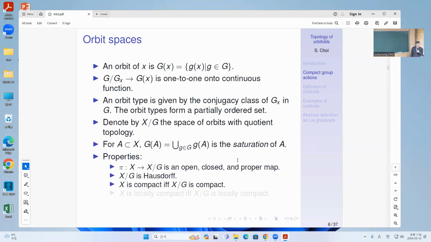And X is locally compact if and only if X mod G is locally compact. Up to here is true for any G, but from here you need G compact. I didn't write that down. Anyway, it's an elementary fact, so I'm not going to prove it.